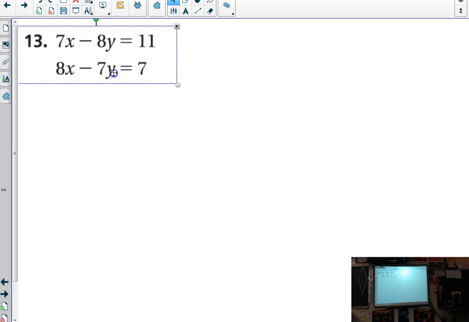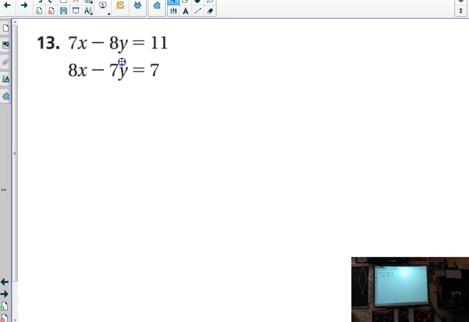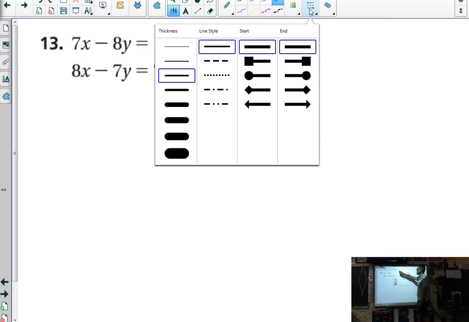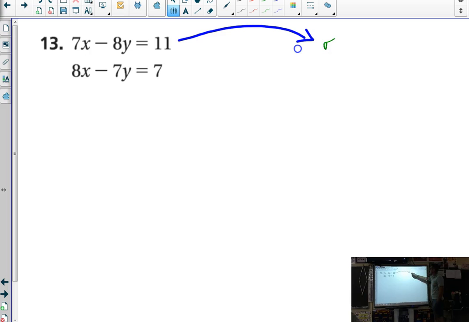All right, so we are presented with 7x minus 8y equals 11, and then an 8x, 7y. So they're playing with 7s and 8s. I'm going to copy this down over here to make my life easy. So 7x minus 8y equals 11.